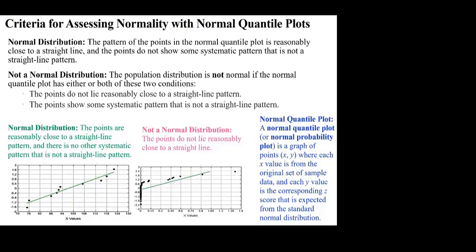It has pairs as follows, x and y. Y is equal to the z, which is (x minus mu) over sigma. We will discuss that in more detail as we look at the z-scores, the normalization score, the standard normal distribution, and it's coming up. But that's the idea, you plot those pairs.